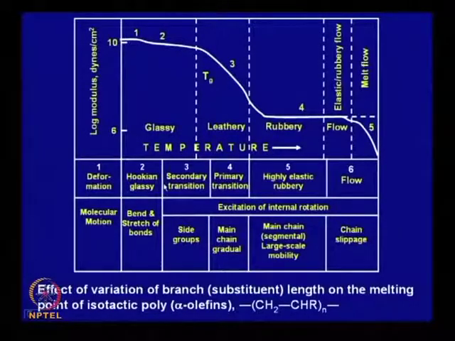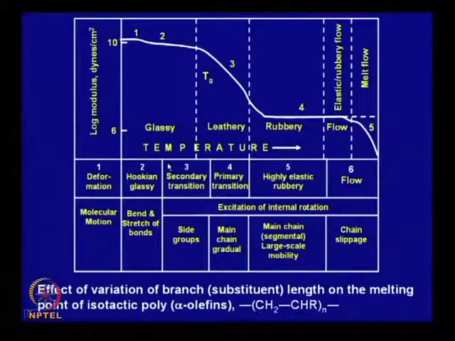From here you can understand, first of all, what happens on application of mechanical stress as well as heat. There will be stressing on the chemical bond, that means energy is applied in two different forms, which helps the deformation of the material, and that will be further augmented or accelerated by increasing the temperature.